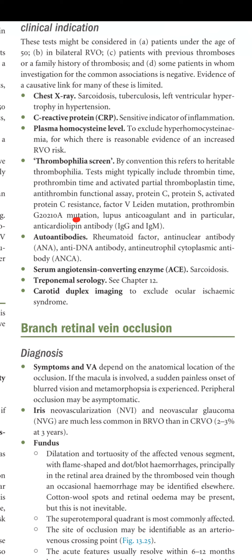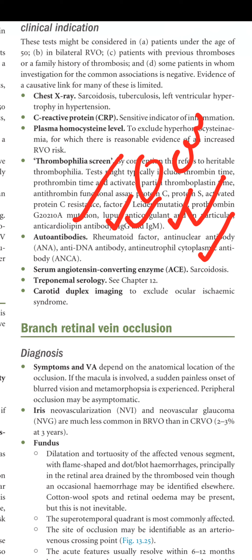Autoantibodies can be tested because of their association with occlusive vasculitis: rheumatoid factor, antinuclear antibody, anti-DNA antibody, anti-neutrophil cytoplasmic antibody, ANCA. Serum angiotensin converting enzyme for sarcoidosis, treponemal serology can also be done to detect syphilis, and carotid duplex imaging to exclude the ocular ischemic syndrome.